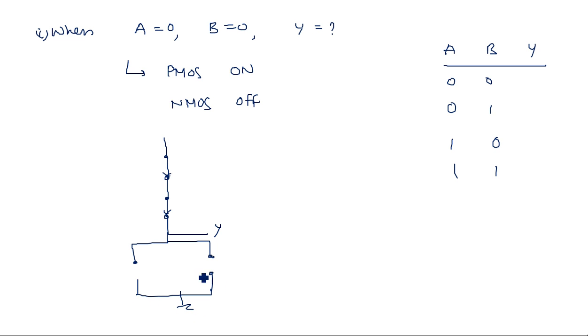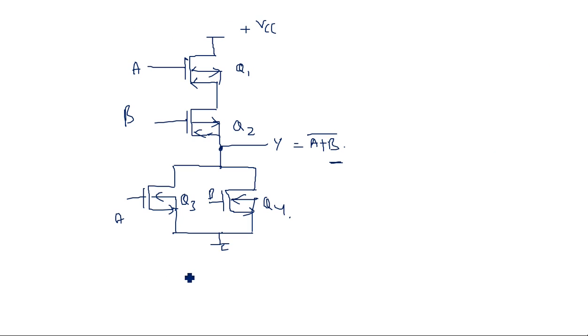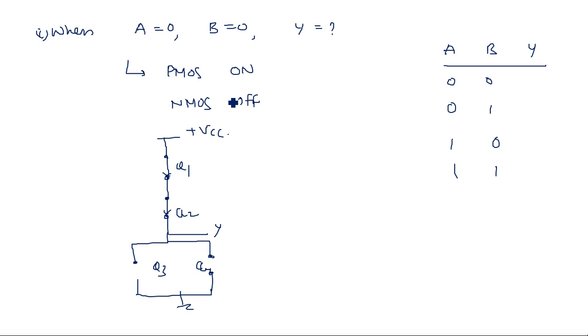That means output is no way related to ground because both are becoming open circuited. This is Q1, Q2, Q3, Q4. So these are the transistors we have taken. Now as A and B are zeros, Q1, Q2 on, so output is equal to 1, logic high. Okay, and similarly, let us go to the other case.